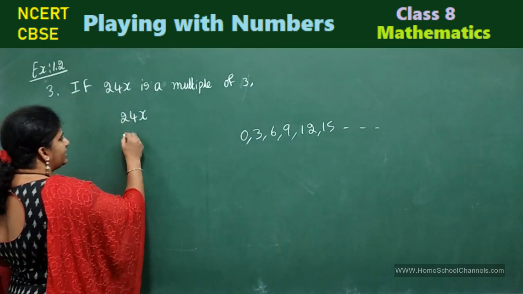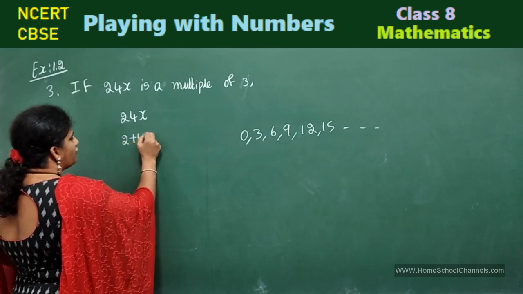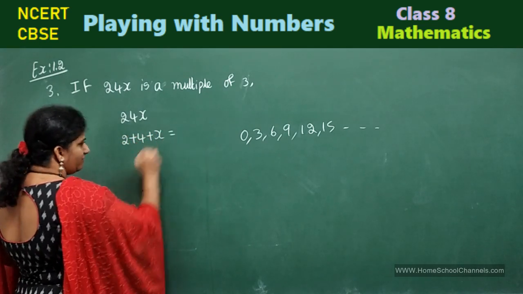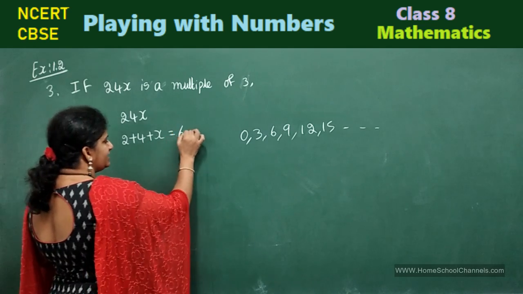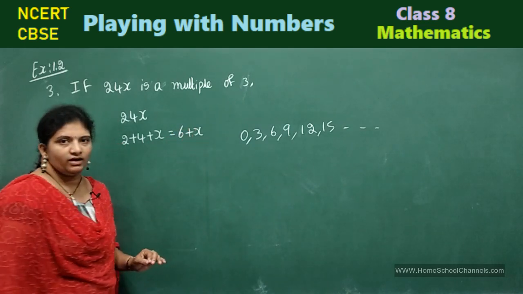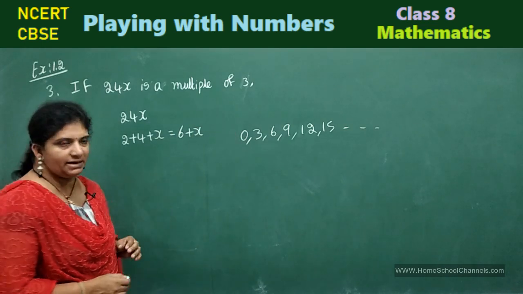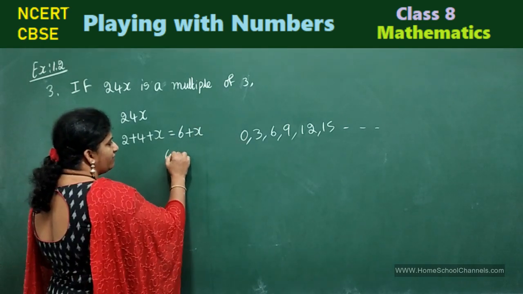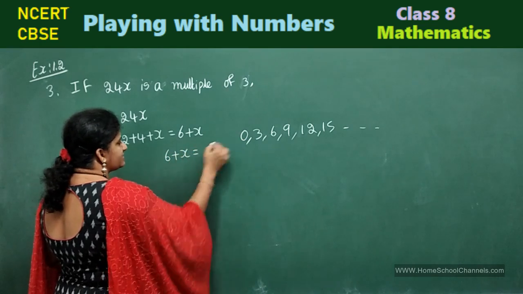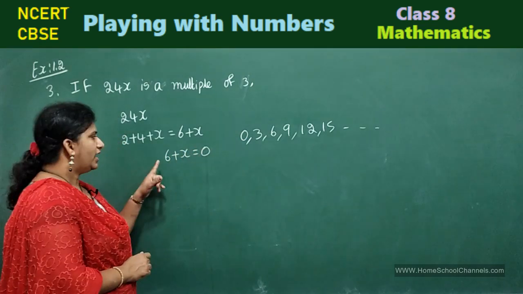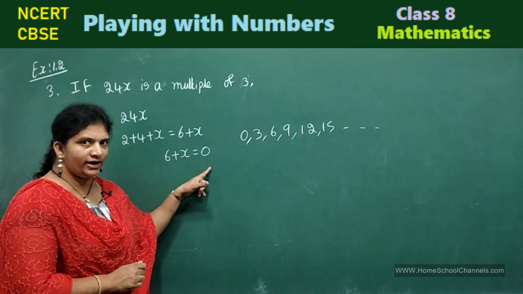First, let us add the digits: 2 plus 4 plus x. That will be 2 plus 4, 6, 6 plus x. The sum might be any of these numbers. Let us start equating with 0. 6 plus x is equal to 0. If you add anything to 6, do you get 0?